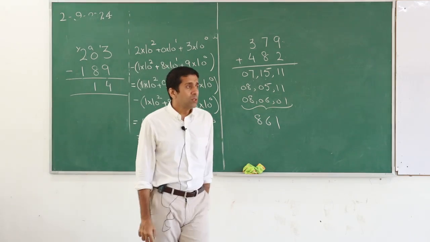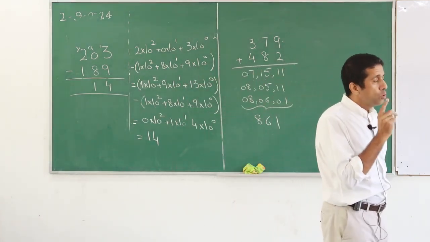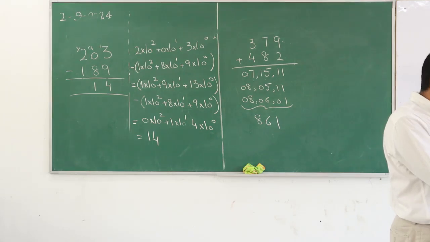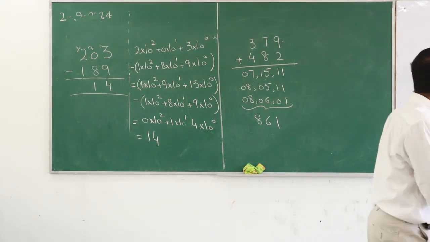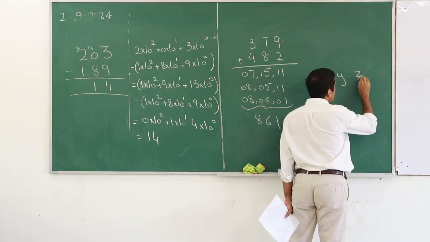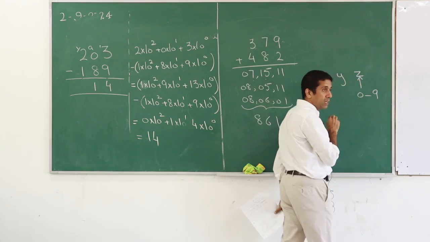The reason why you want to convert it is because in place value, as soon as you get to 10 hundreds, you do not write that. When you have a number x, y, z, the assumption is that each digit is between 0 and 9.